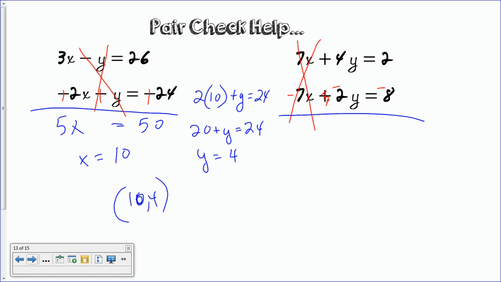Cancel sevens out, that's going to be 2y equals -6. y equals -3.